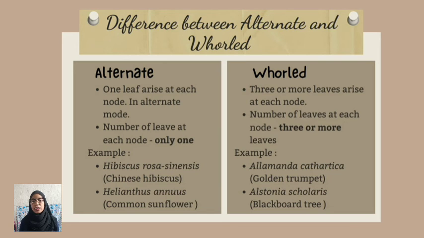The key point here is the number of leaves that arise at each node, which is only one leaf for alternate phyllotaxy, while whorled phyllotaxy has more than three leaves at each node.